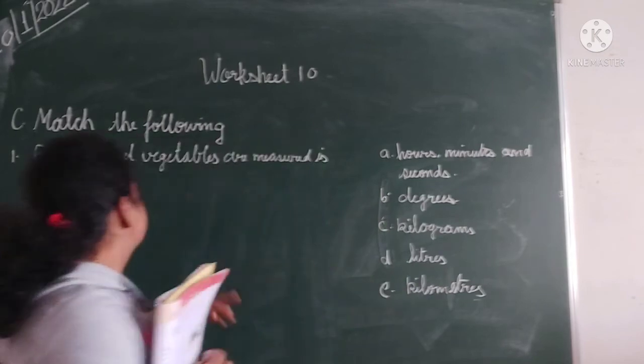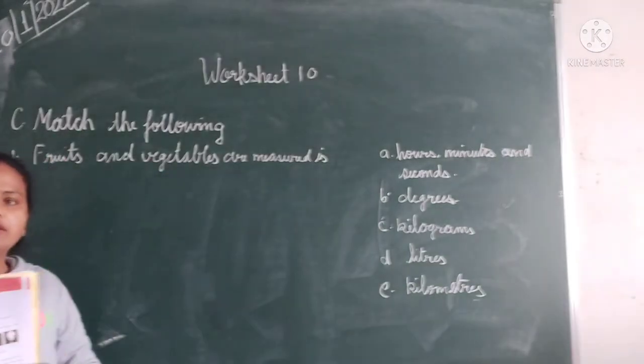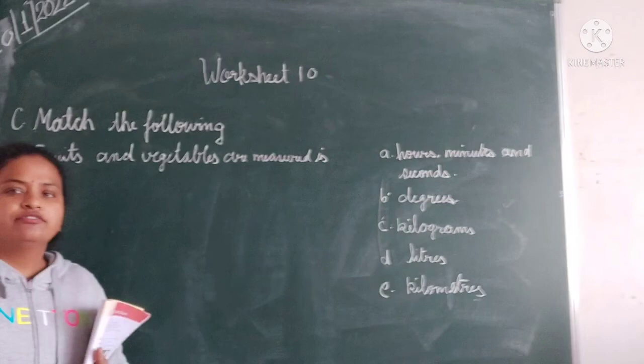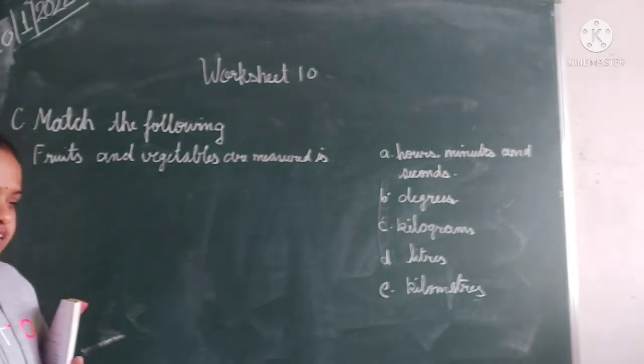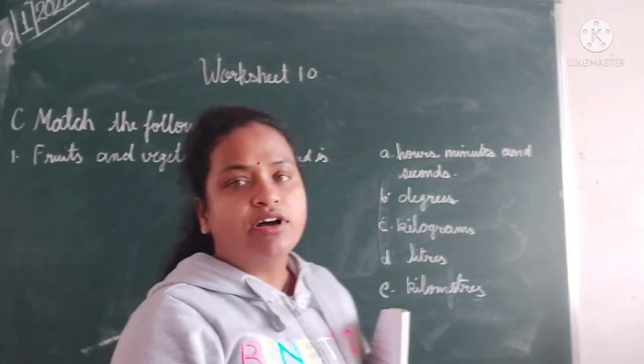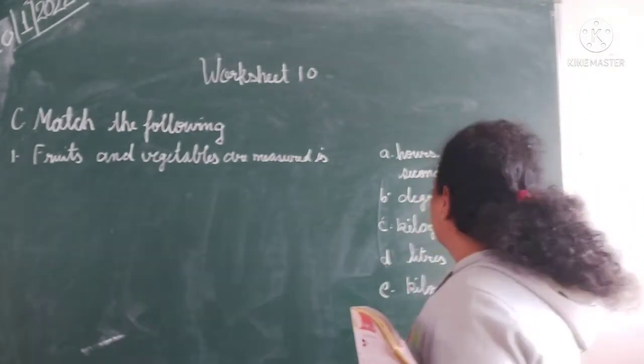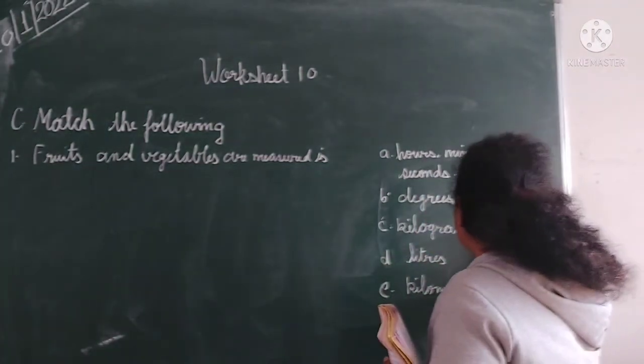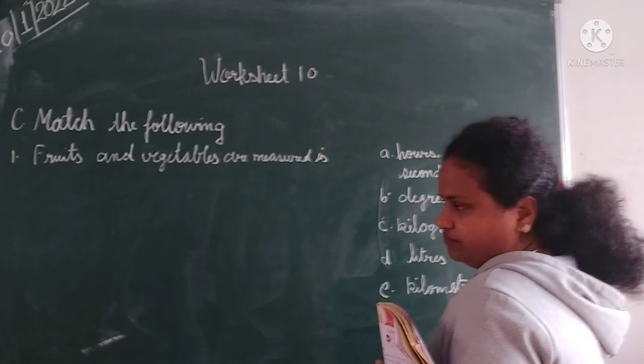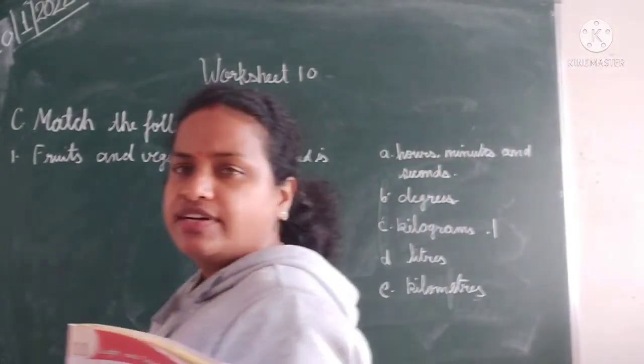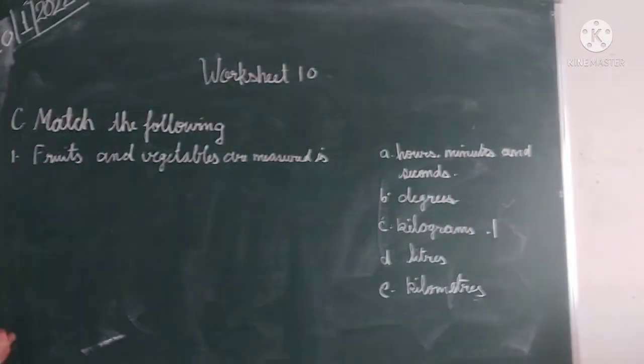Now, fruits and vegetables are measured in which unit? Fruits and vegetables are measured in kilograms because it is the quantity. So what will be your answer of first one? That is C, kilogram.